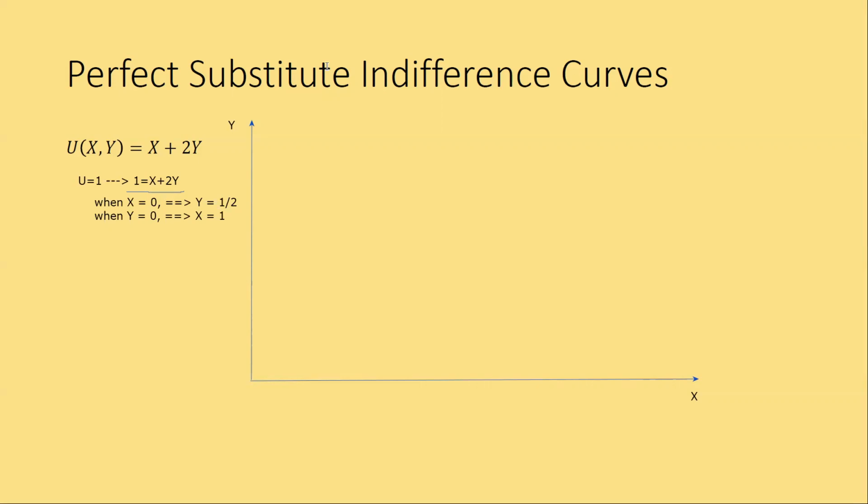Y equals a half means that this point is a half, so this straight line passes through this point. Similarly, when y equals 0, it is on the x-axis. X equals 1 tells us that it goes through this point, x equals 1. And we know that this is a straight line. So a straight line connecting those two points is the indifference curve that we are looking for. And let me use a different color.